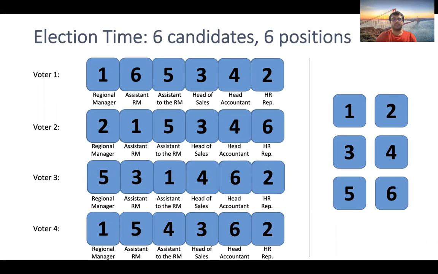Since the voters completely decided this on their own, voter 1 has decided to nominate candidate 2 for only HR rep, while voter 2 ranks candidate 2 very highly and nominates them for the regional manager. Clearly, this will cause problems for our final solution.